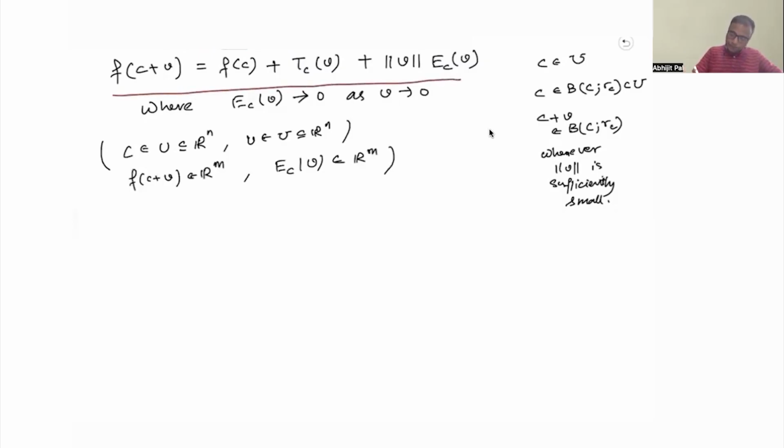Okay, so this is very important, and this equation, star, is called the first order Taylor's formula.